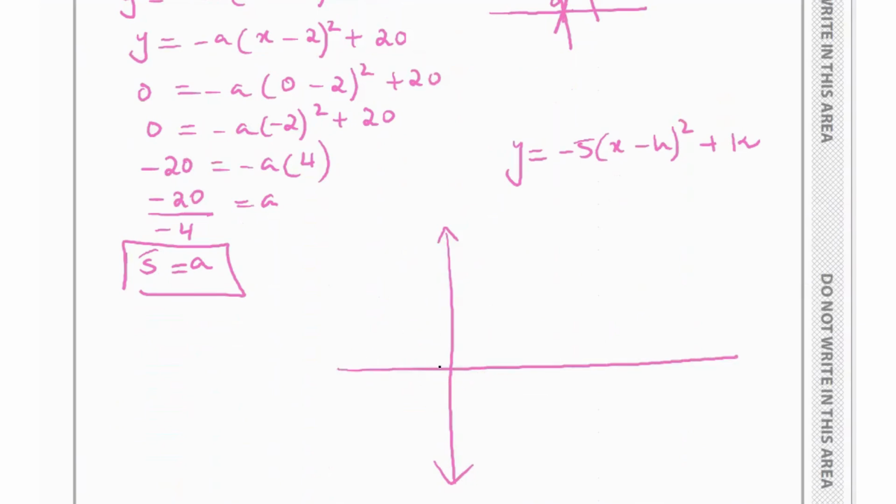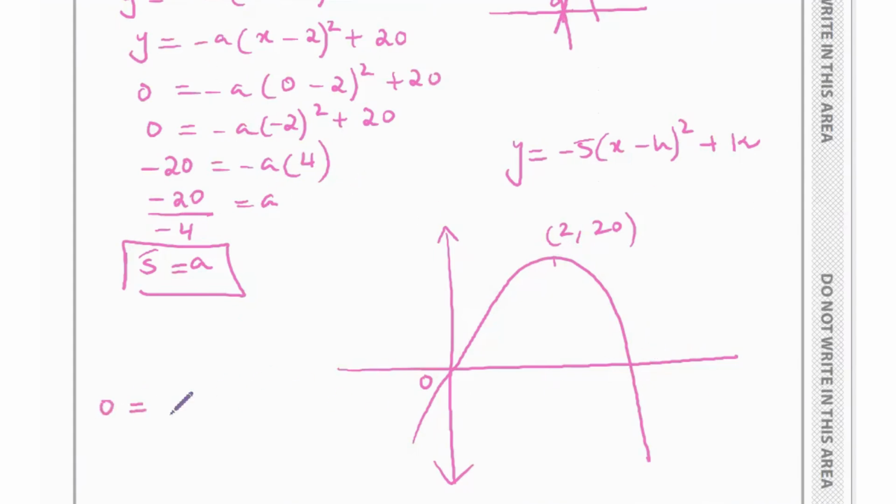It's passing through the origin. This is our turning point, (2, 20). This is 0. This is all of the information we have. To find the other x-intercept, what we can do is put y equals 0.